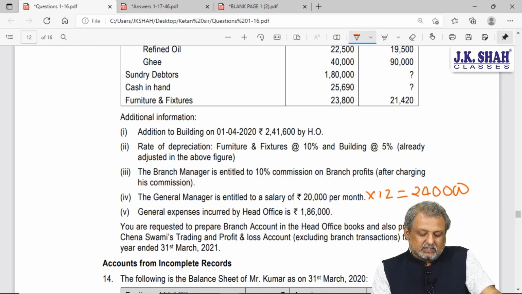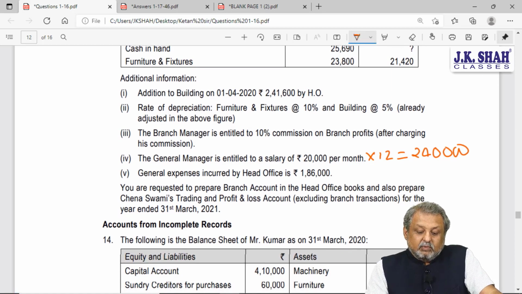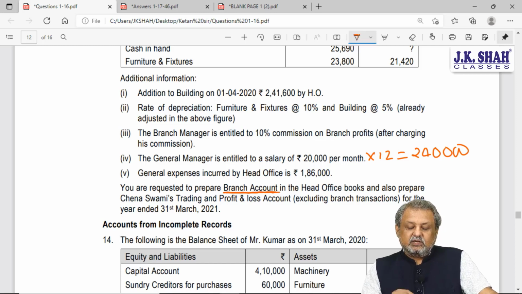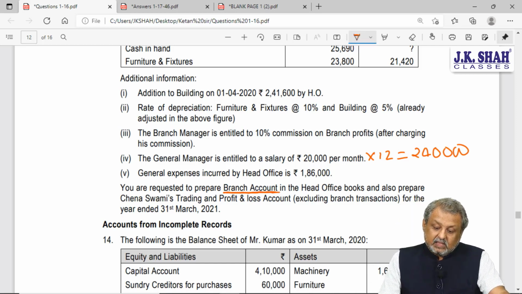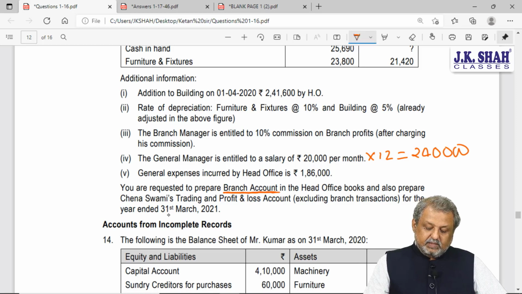All these transaction details okay, but you are requested to prepare branch account in head office books. Single account, only branch account. So this is debtors method. And also prepare Chinnaswamy, that means head office, trading and P&L, excluding branch transactions.